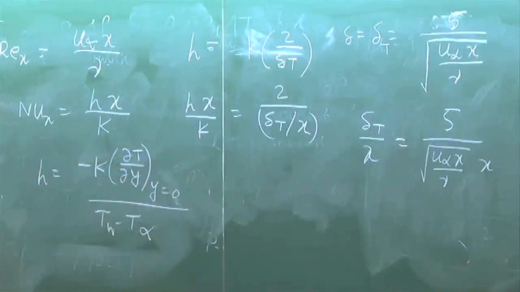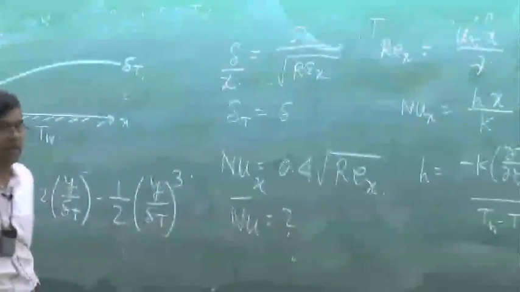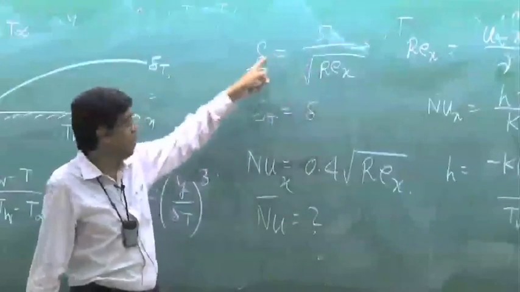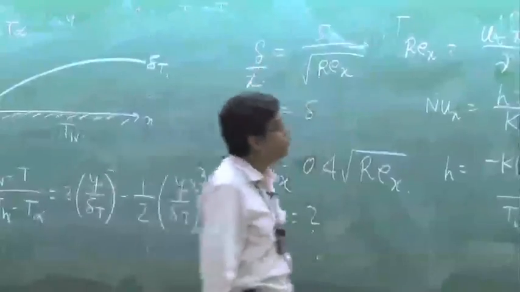So if you put that delta t by x... Is there any mistake? Sorry, it is the non-dimensional delta by x, it is root over Rex, very good. So therefore delta by x is this.